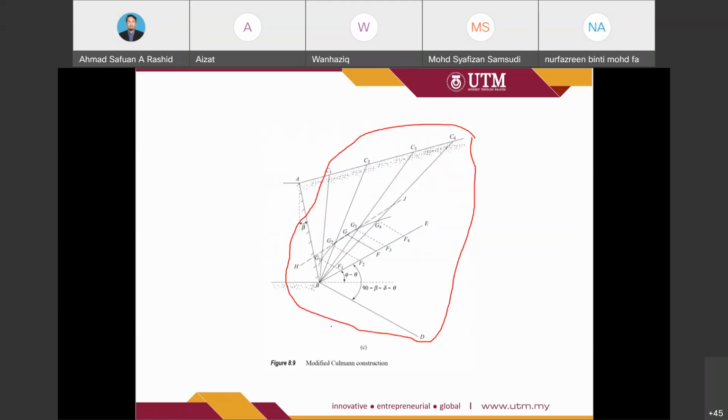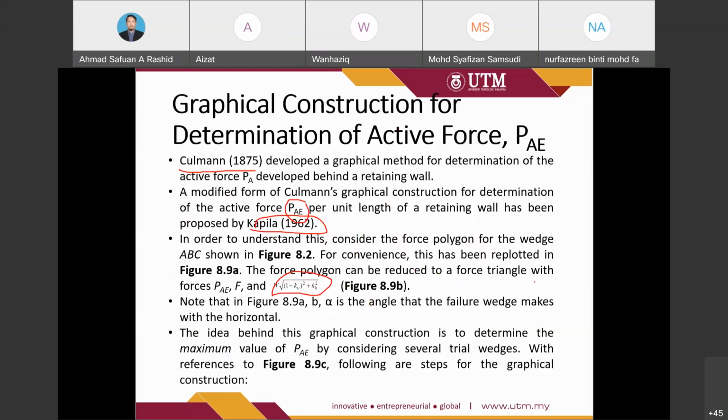Where is B? This is the line BE. Actually, it is based on phi minus theta. We already know the value of phi, and theta is obtained from the previous equation that we have learned.